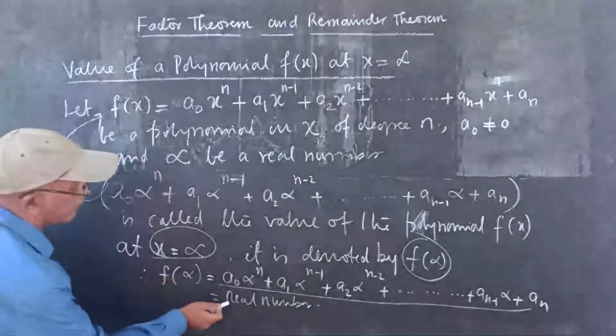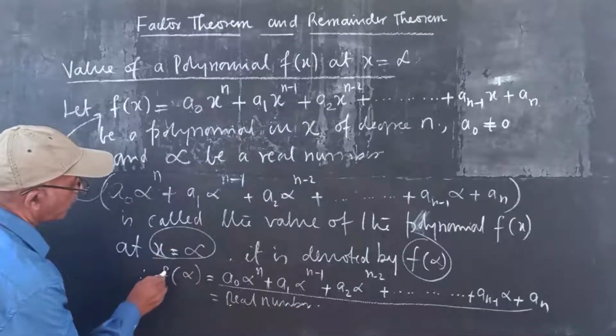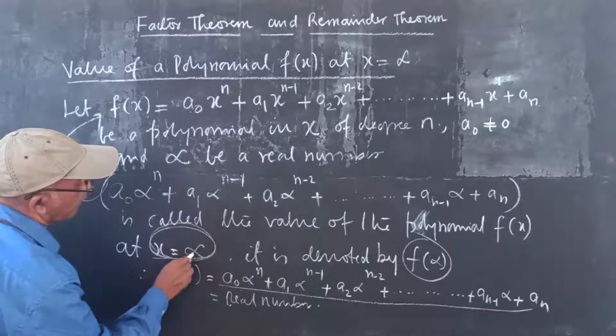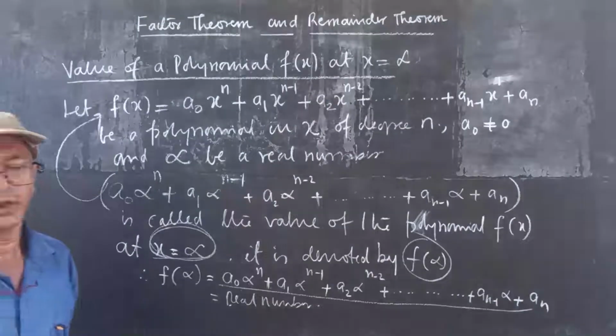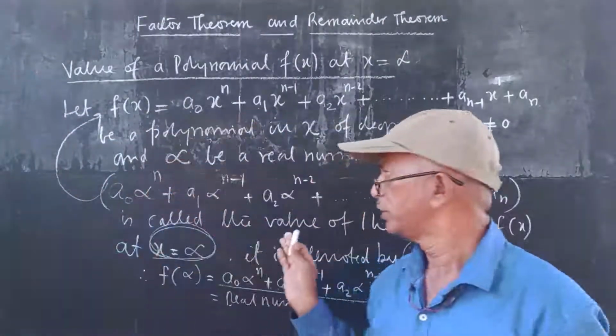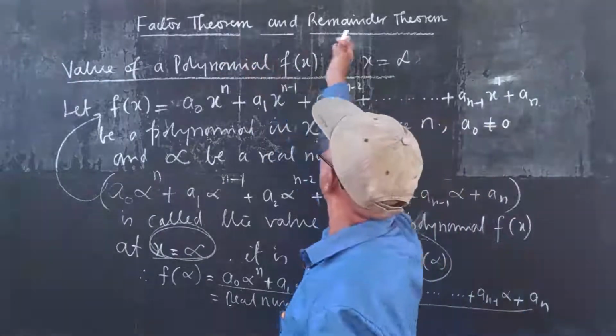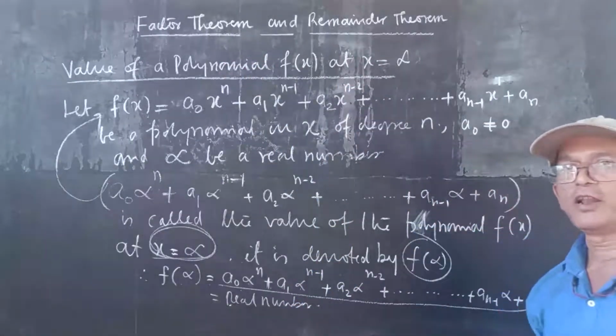So this is the value of the polynomial f(x) at x is equal to alpha. This is very important, and we use it to solve many problems on the factor theorem as well as the remainder theorem.